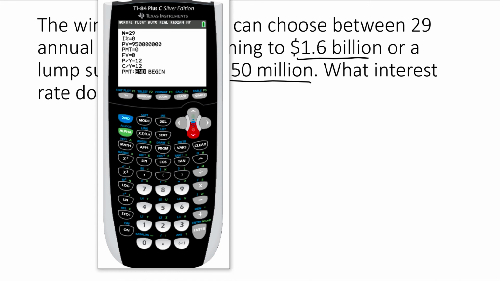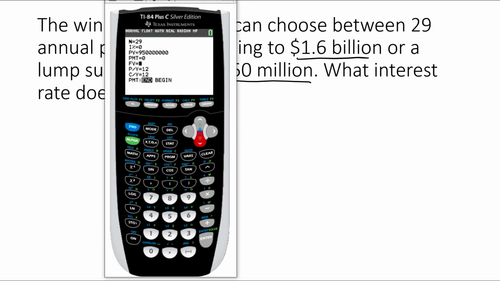The future value is going to be 0 because they're going to pay this out to you if you won the lottery, which we just finished a unit on probability, so you probably know you're not going to win the lottery. But if you were to win, they would pay out this money until they owed you nothing else. So future value would be 0. It's annual payments, so payments per year and compounds per year are 1.